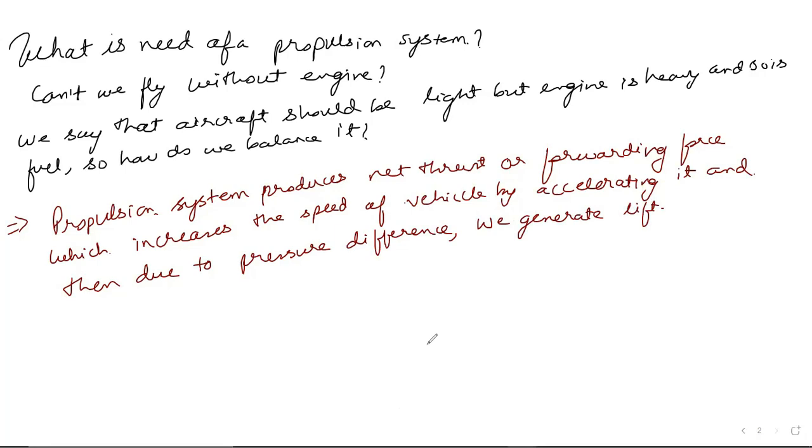If we only look at aerodynamics, we can say that when there is a pressure difference between the upper wing and lower wing, there will be lift generation. But lift cannot be generated without thrust.